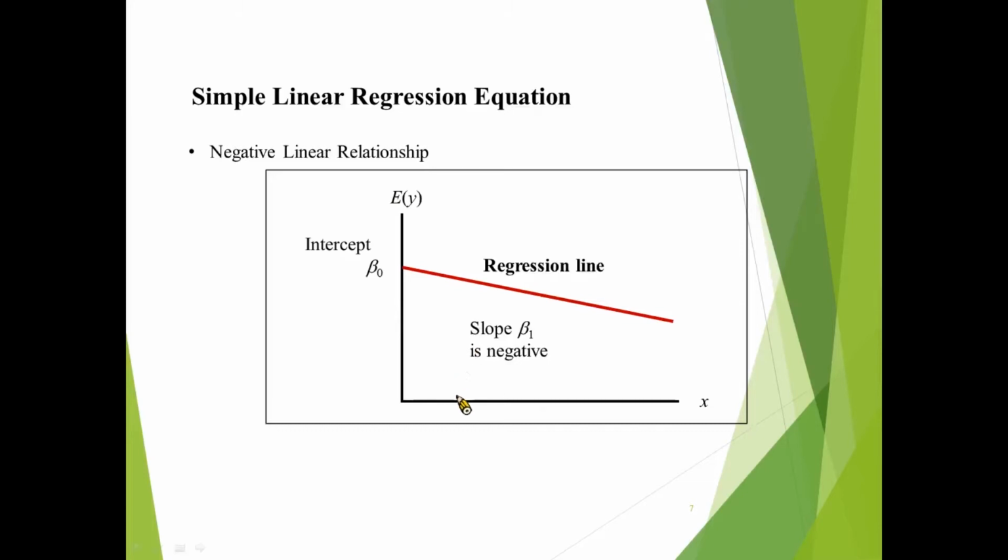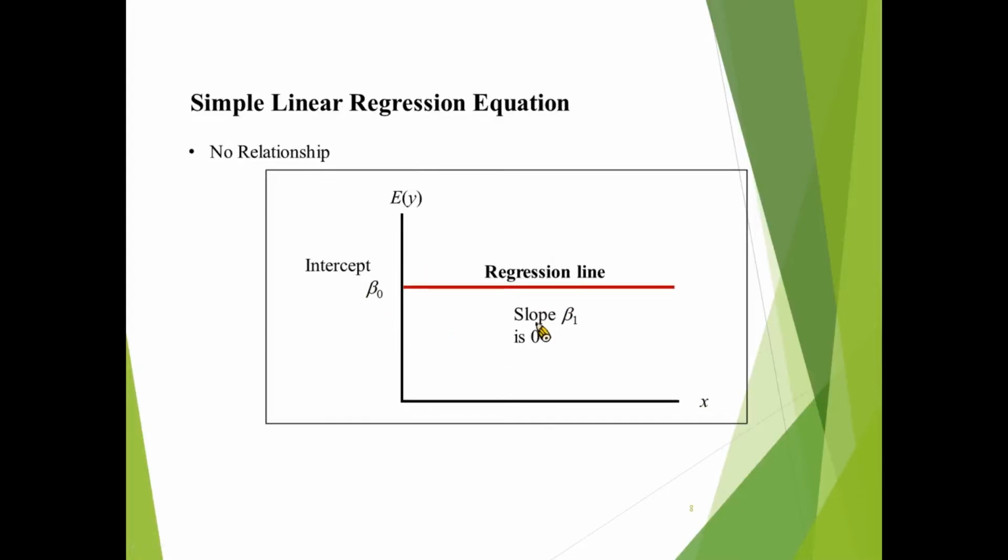The horizontal axis is x, and the vertical axis is E of y. This one has a negative slope, so x and y have a negative relationship. And this one is no relationship, because the slope is 0.